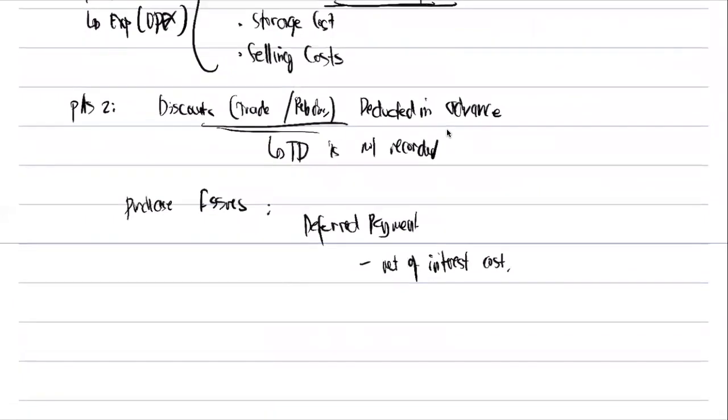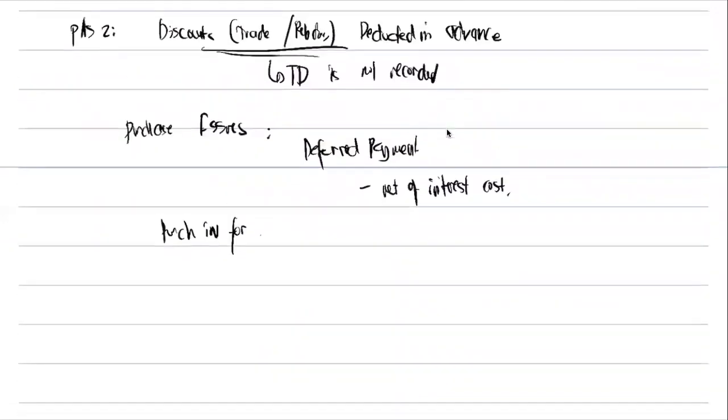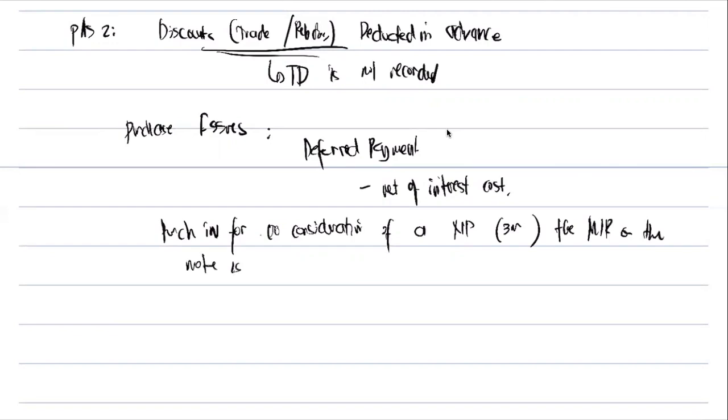So for example, purchase inventory for a consideration of a note payable, 3 million. The market interest rate on the note is 10%. The note is due after 2 years.